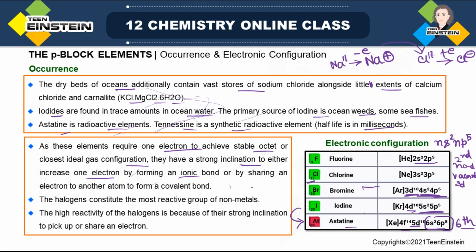So it can achieve a stable octet, that is 8 electrons in the outermost shell, either by forming an ionic bond where it has completely accepted the electron, or it can also form a covalent bond. And we know that in a covalent bond there is sharing of electrons. It is not that one element completely gives an electron and another completely accepts it. It is simply sharing. For example, you can take HCl.